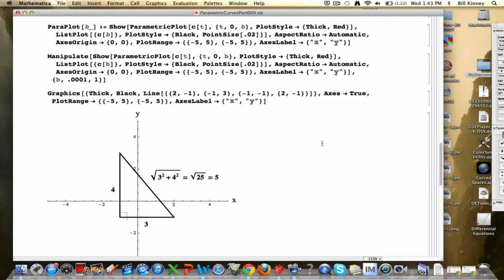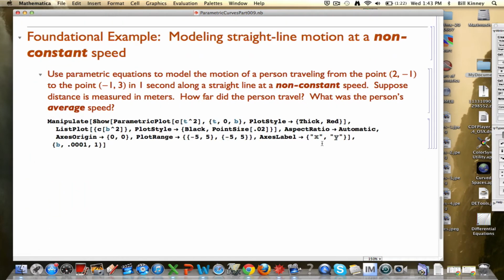So, here's our example. From the last video, we are using parametric equations to model straight line motion of a person traveling between 2 points in 1 second at a non-constant speed. We're actually not specifying the particular kind of motion, we're just experimenting with different kinds of motions that still satisfy this. We can also quickly answer these two questions: how far did the person travel and what was the person's average speed?